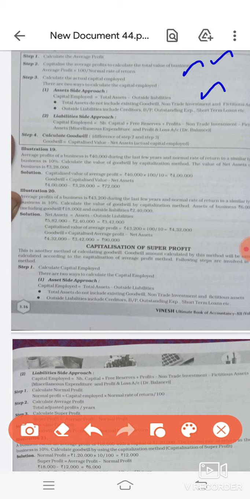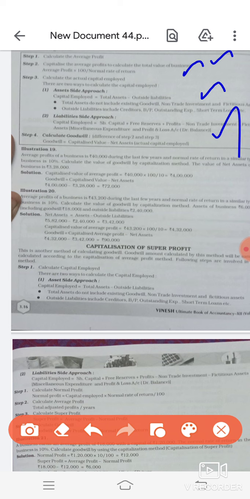We should not include that, which is called fictitious assets. And outside liabilities, we already know: creditors, bills payable, outstanding expenses, prepaid income, and short-term loan. When you are using the liability side approach, the same formula.